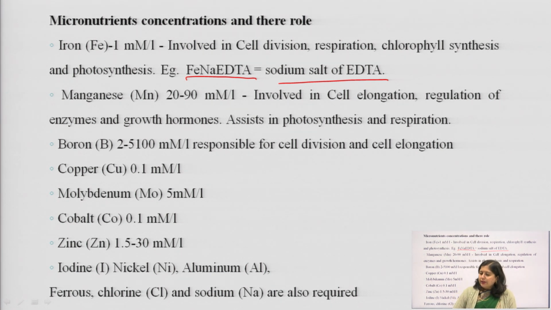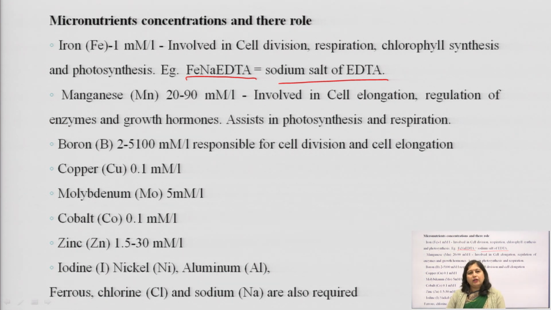Copper in the concentration of 0.1 millimole per liter is required for various processes as it acts as a cofactor. Same is the case with molybdenum, which is required in a concentration of 5 millimole per liter, and it is also involved as a cofactor. Cobalt and zinc are also important cofactors. Cobalt is required in a concentration of 0.1 to 1 millimole per liter.